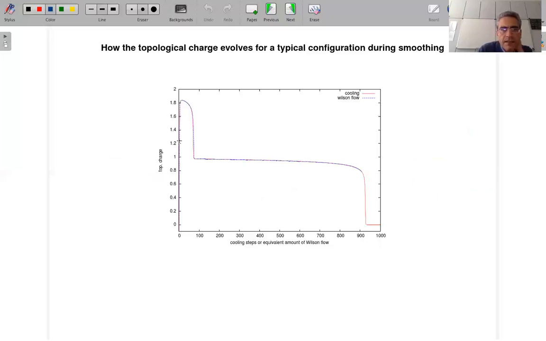At the same time, the topological charge moves. In the first steps of smoothing, it may have an unstable behavior, because you are killing the ultraviolet fluctuations, and that makes the charge move quite rapidly. But then you reach this sort of plateau, which means that we have reached almost a local minimum of the discretized action.